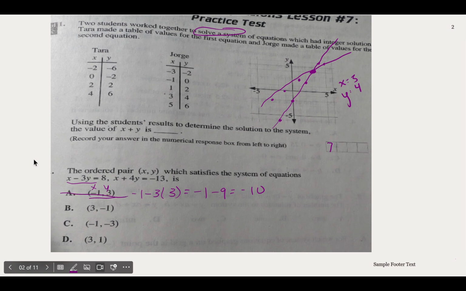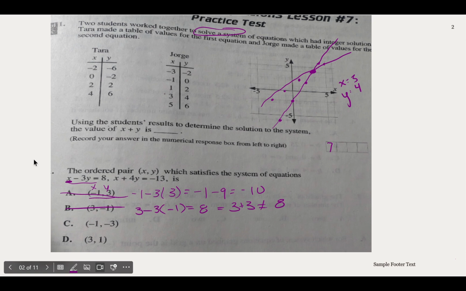Let's try the next one, doing the same thing, and I'm just always going to use my first. If it works in the first, I'll try the second. So if x is 3, so I'm plugging in 3 for x, minus 3 times -1, if that's what y is, equals 8. Here we have 3, and negative times negative is a positive, so 3 plus 3, that does not equal 8, so this is also not a possibility.